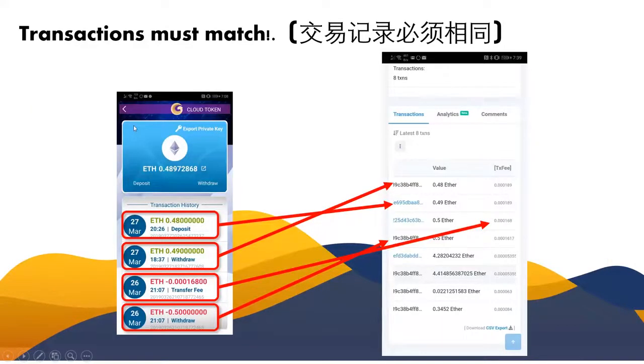The second thing that you need to check is the transactions must match. This clearly shows that we are reading from the chain itself. So if you look at it this way, on the 27th March, I have this 0.48 deposit. So you have this here and 49 here, and we have a gas fee and a withdrawal.